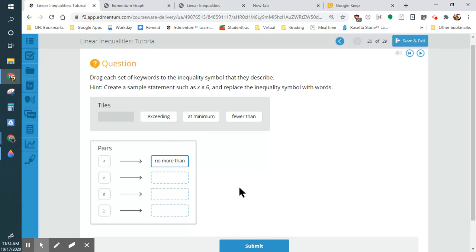I am so sorry, guys. Exceeding. You want it to be more than that. This is going to exceed whatever's on the right side. So whatever's on the left side has to exceed that. And then less than or equal to. So you want fewer than this. Wait, we have fewer than and no more than.